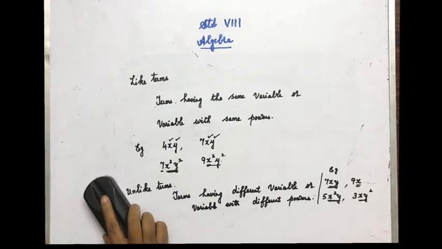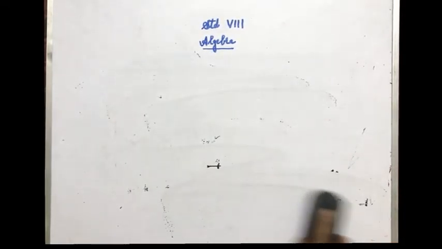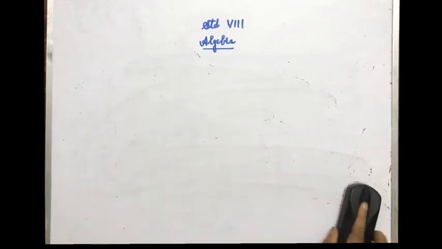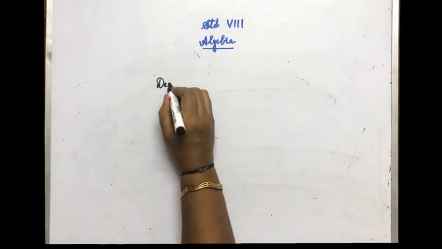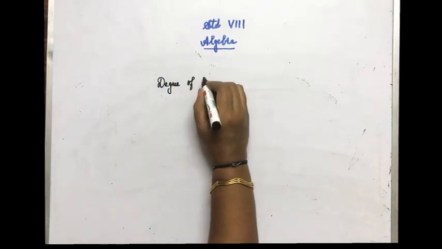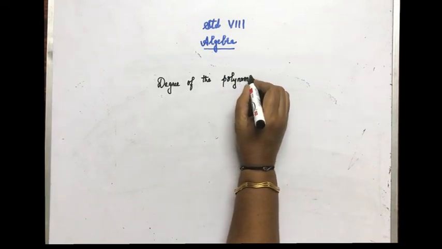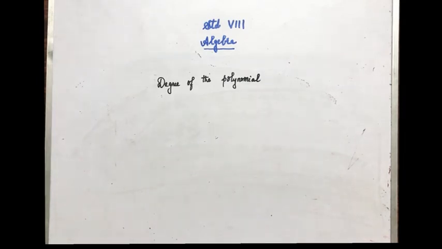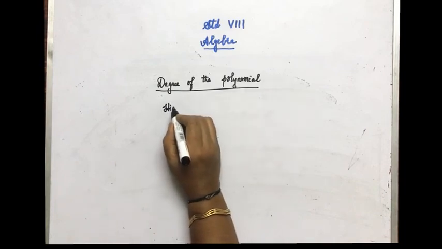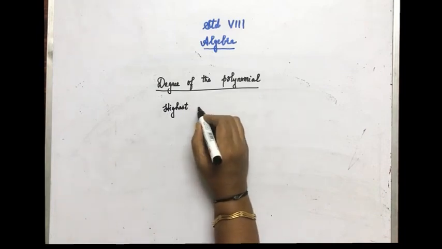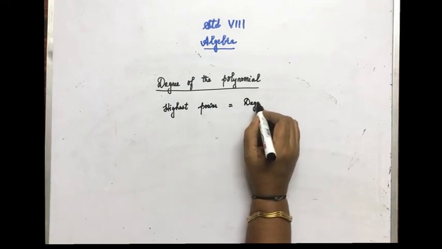Now next we are going to see the degree of the polynomial. The highest power is called the degree of the polynomial.